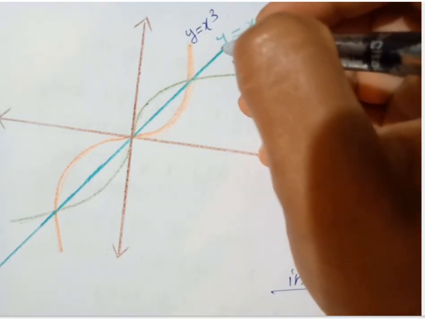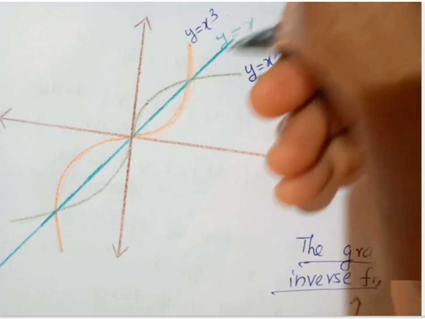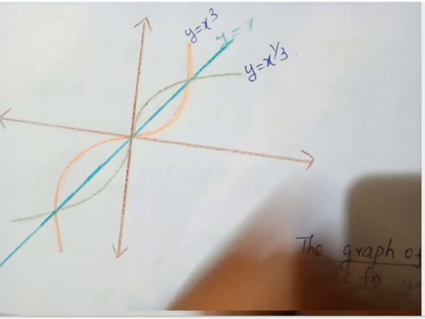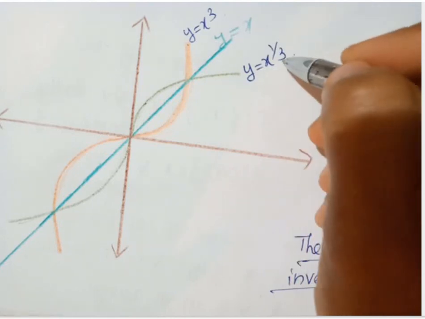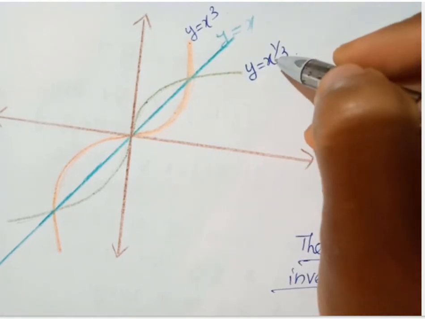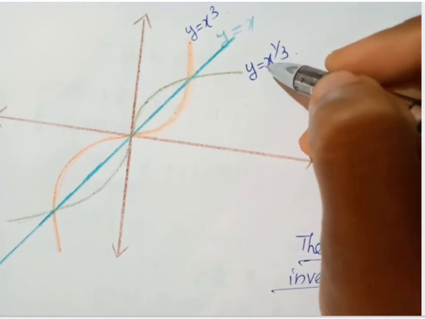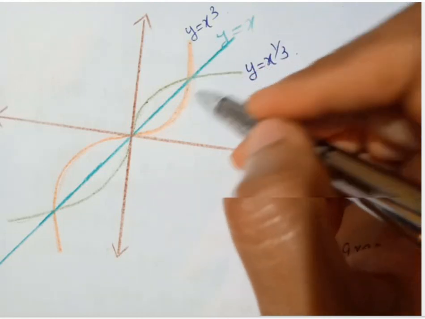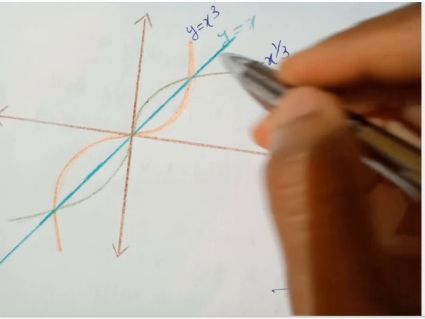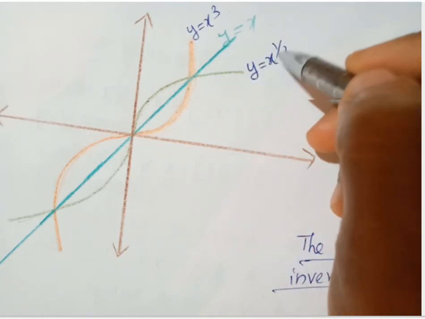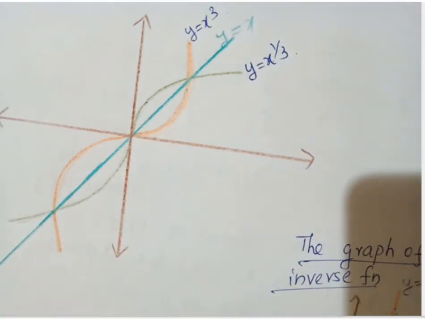Look at this graph: y equal to x raised to 1 by 3 is the inverse of y equal to x cube. We have already found that. So y equal to x cube and y equal to x raised to 1 by 3 are mirror images of each other.